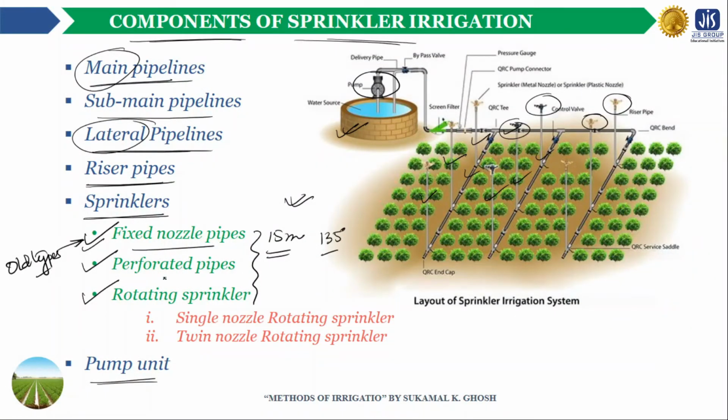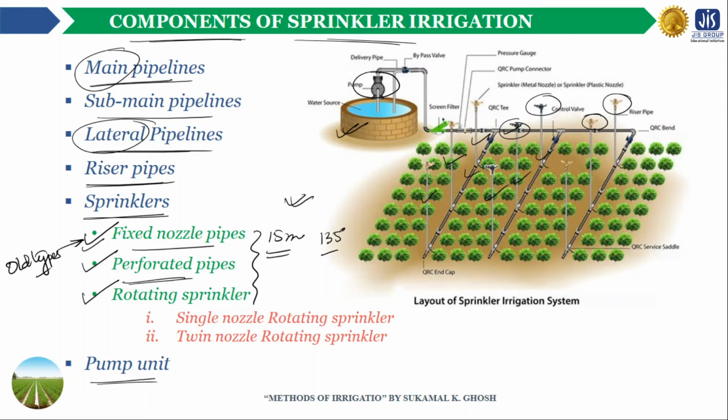Now these perforated pipes are a type of sprinkler which consists of a lateral pipe having perforations or small holes drilled along their top and sides in a specially designed pattern to distribute water fairly uniformly. A series of these perforated pipes are laid parallel to each other on the ground surface.